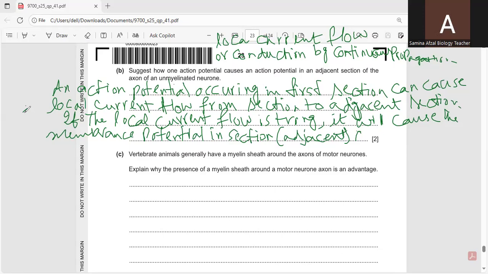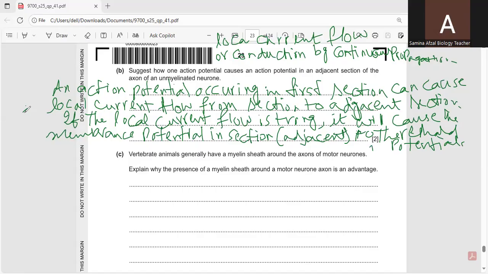Threshold is the threshold potential. So the subsequent influx of ions into the adjacent section initiates a new action potential.